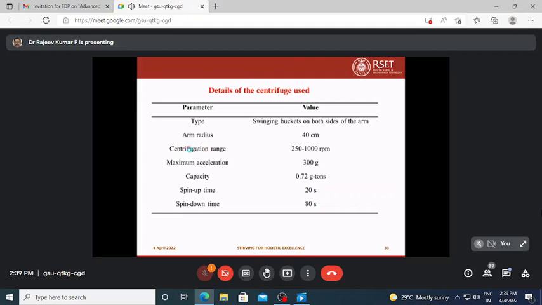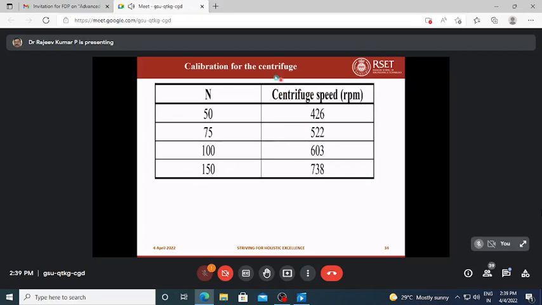Its centrifugation level is 250 to 1000 RPM, and the maximum g we can get is 300. These are the centrifuge speeds I am mentioning in this discussion.